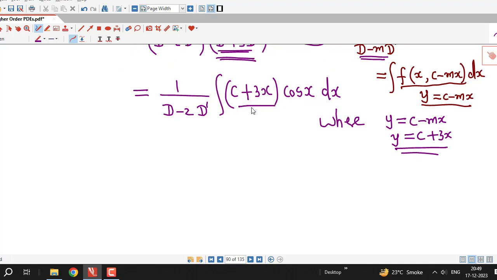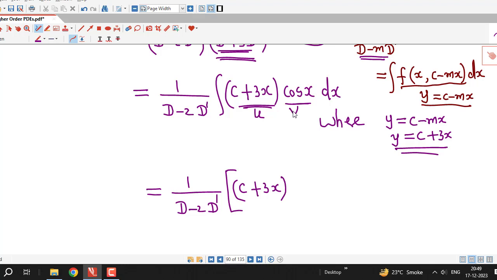Now this is easy to integrate. We apply integration by parts by considering u equal to c plus 3x, v equal to cos x, and let me write that formula here for this u and v. So first we consider u as it is, that is c plus 3x, and the integral of v, which is cos x, is sin x, minus the derivative of the first function with respect to x, which is 3, and the integral of this sin x with respect to x is minus cos x.